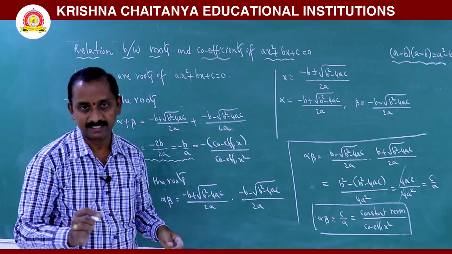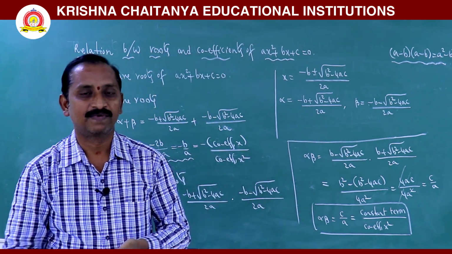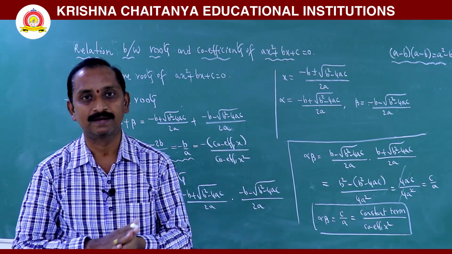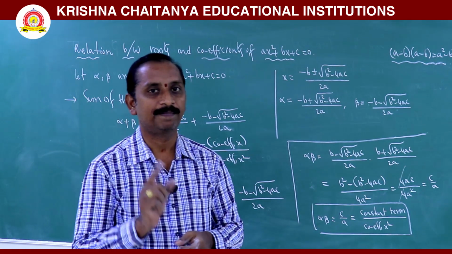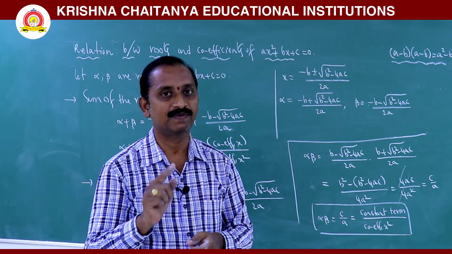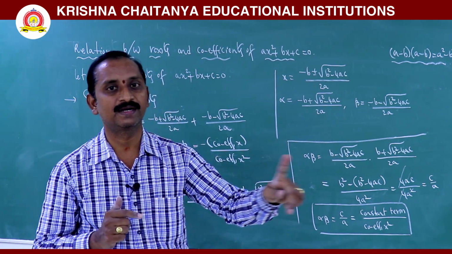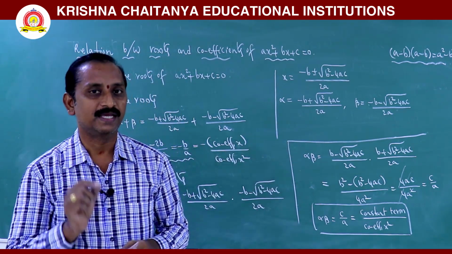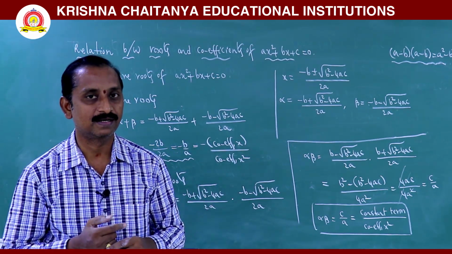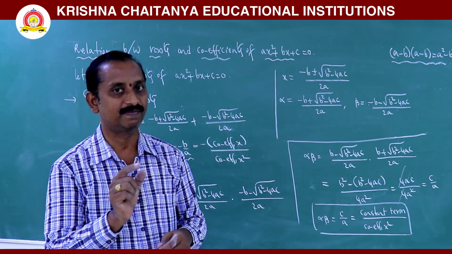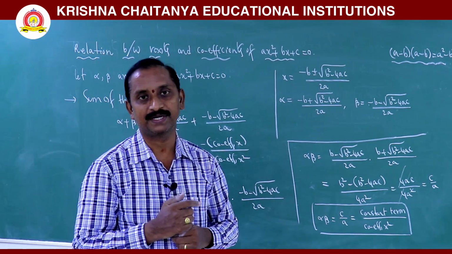In this class, we just discussed the points we need to remember. First point, what is a polynomial? A polynomial is nothing but it is in the form p0 into x power n plus p1 into x power n minus 1 plus p2 into x power n minus 2 and so on, plus pn, in which p0, p1, p2 and so on to pn are the coefficients of x power n, x power n minus 1 and so on to x power 0 respectively.